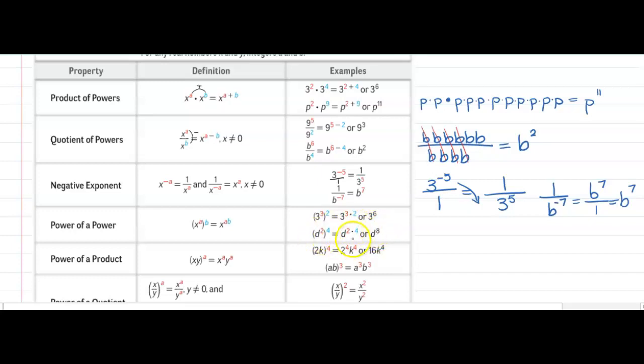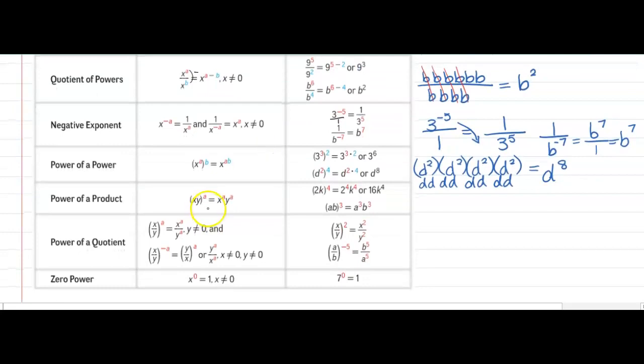You just multiply them. A way to think of that visually, D squared to the 4th means D squared times D squared 4 times, which would be D, D, D, D, D, D, D, D, which gives us 8 Ds.